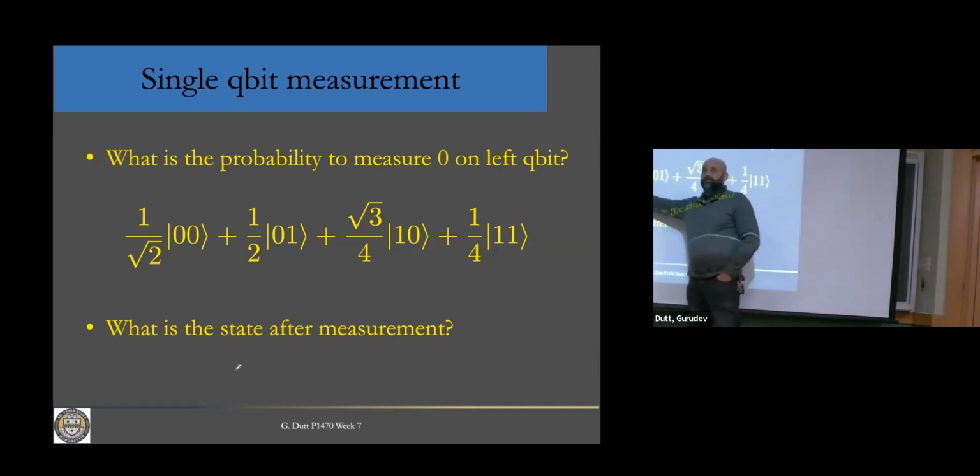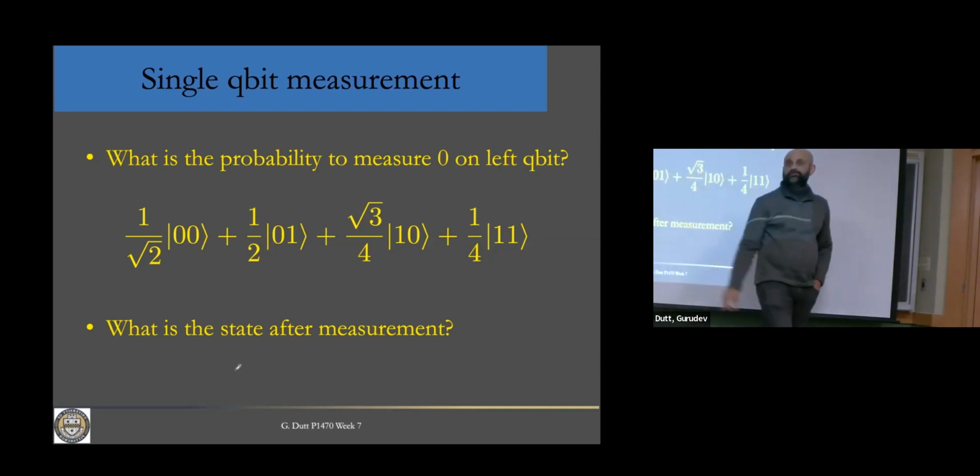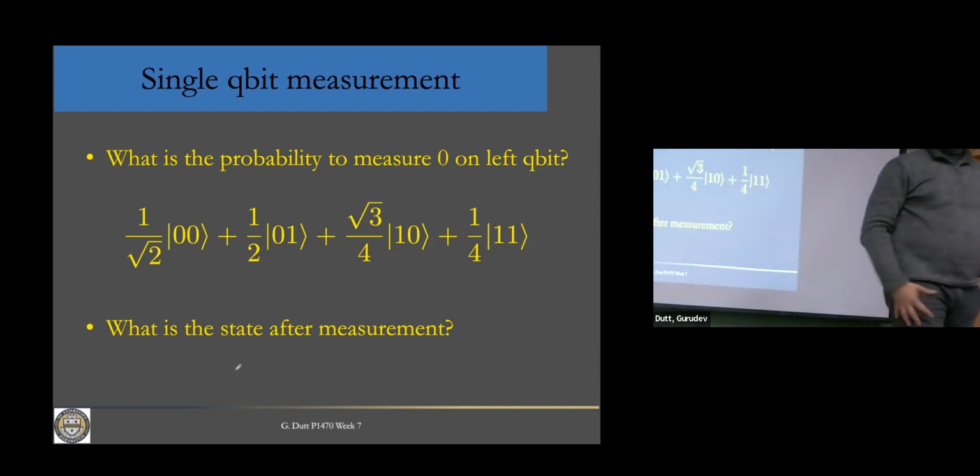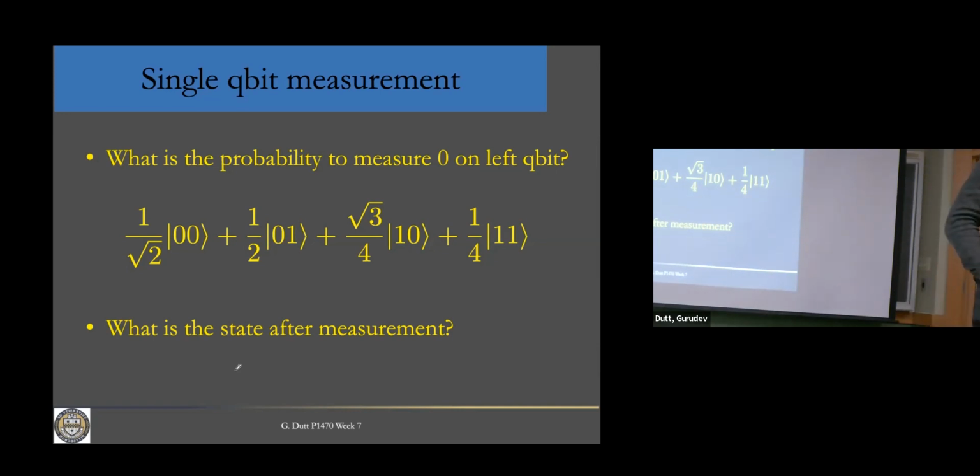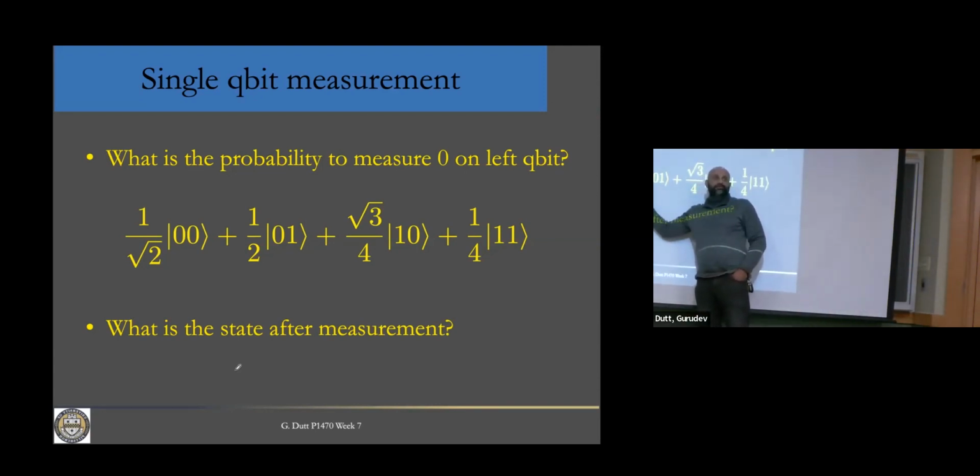So you see, we want to only know those cases where we got a 0 on the left qubit. What would that be? Any thoughts? How could I go about finding it? Yes, the first two. So sum the probabilities to be in this one and in this one.